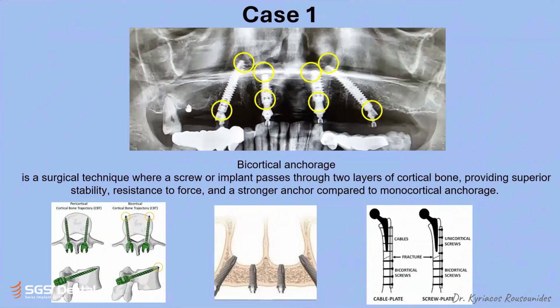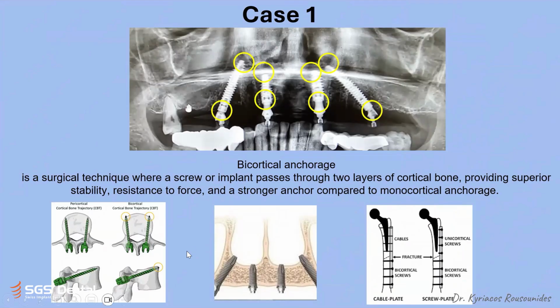And we go a bit deeper on this case, the first case, and we see what a bicortical anchoration really is. It's nothing new for general surgeons, for orthopedic surgeons. It's nothing unknown.